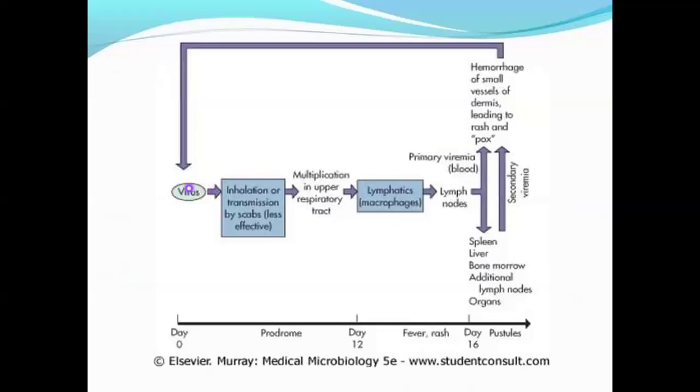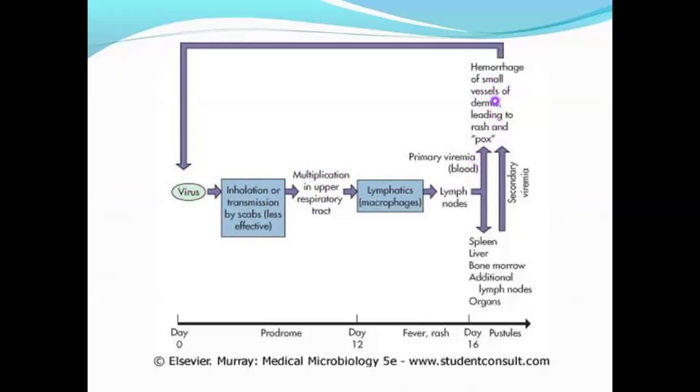So here it is, the virus: inhalation or transmission by scabs, then multiplication in the upper respiratory tract, then through the lymphatics it goes to the lymph nodes, then primary viremia in blood, hemorrhage of small vessels of the dermis leading to rash and the pox.